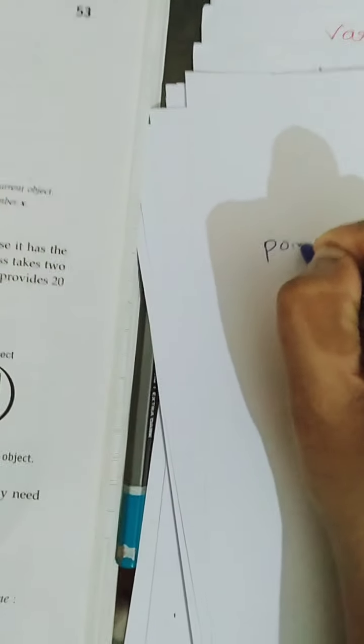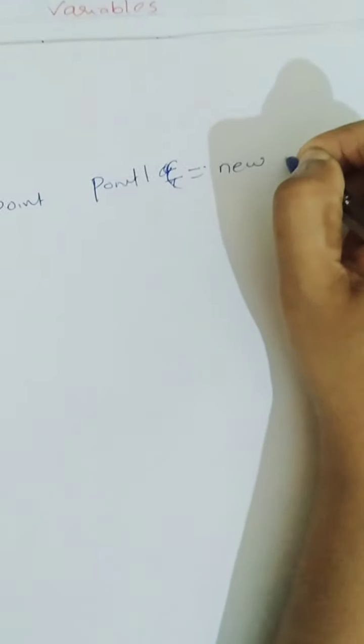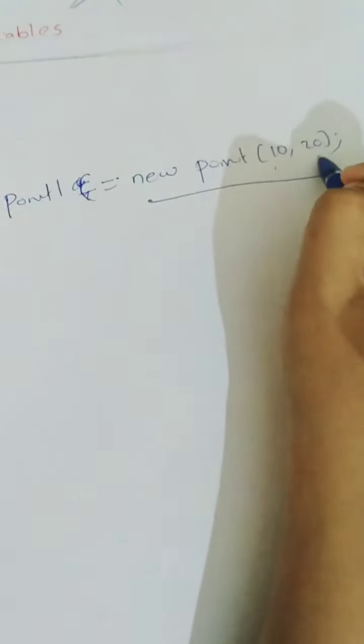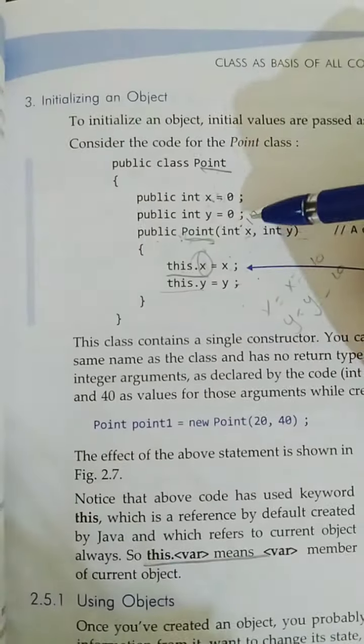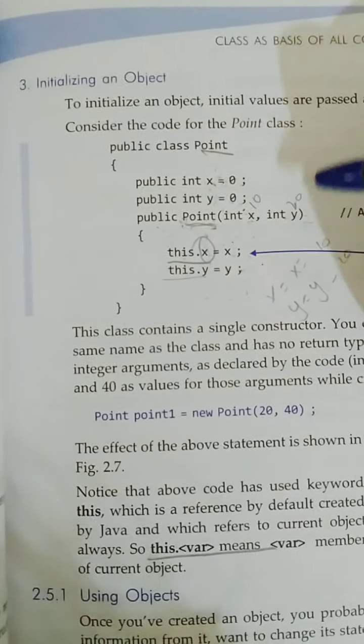When you create an object, point1 is my object name, equal to new Point(10, 20). This is a constructor call and it will automatically call the constructor with 2 parameters. It is a constructor Point and it has 2 arguments. So automatically x will be assigned 10, y will be assigned 20.